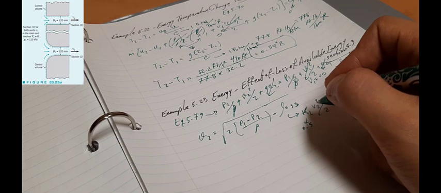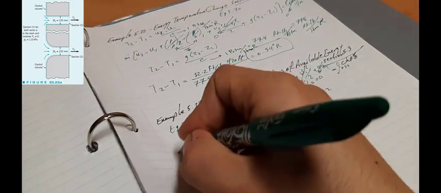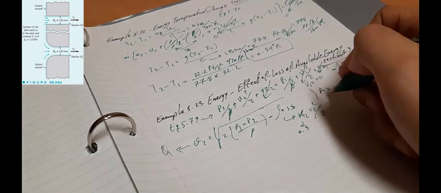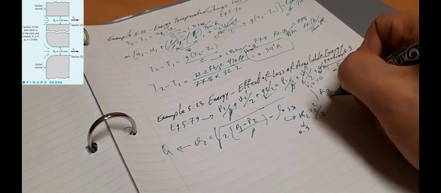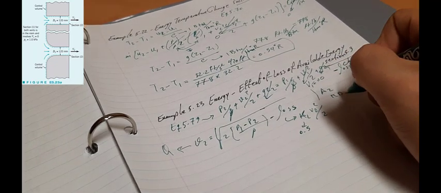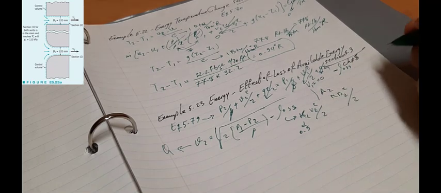And let me just see what I have written. The Q2. If we just multiply everything by A2, we can have the Q. So we are going to add it here, pi D2 to power 2 over 4.